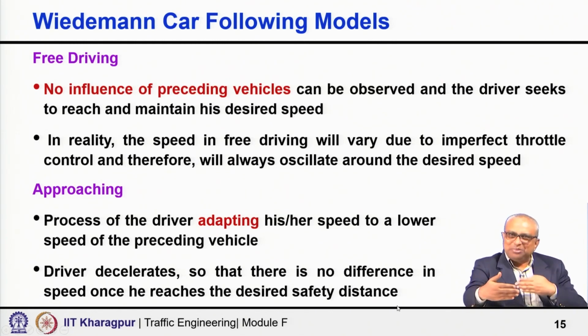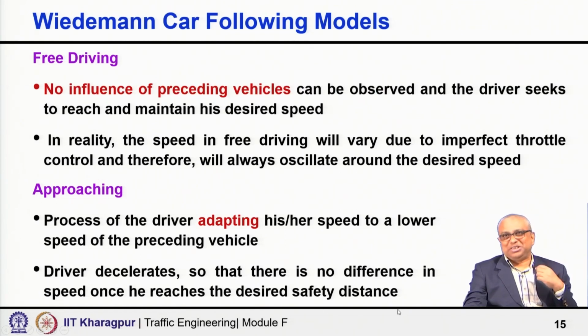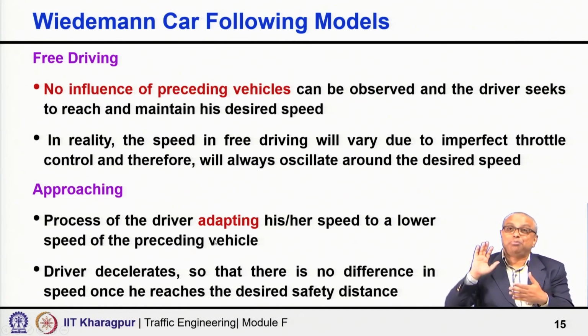By the time we come closer to where the desired safety distance is to be maintained, my speed has been reduced to the speed of the lead vehicle, so that there is no difference in speed with the lead vehicle once I have reached the desired safety distance. That is the approaching.